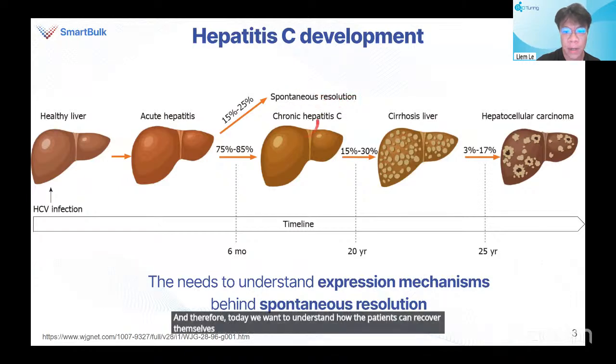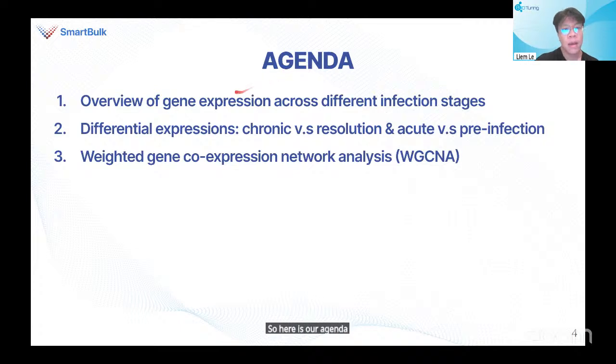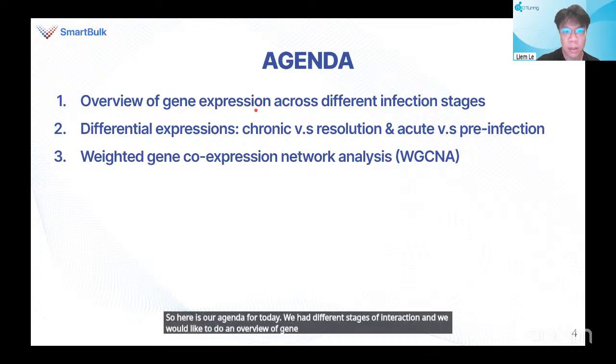We do so by comparing the expression changes between the patients who show spontaneous resolution or clearance versus those who have chronic hepatitis C. And we would also want to do other comparisons as well. So here is our agenda for today. We have different stages of infection, and we would like to do an overview of gene expressions across those stages.